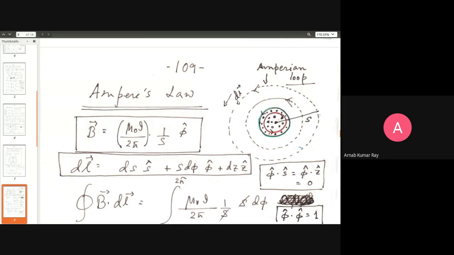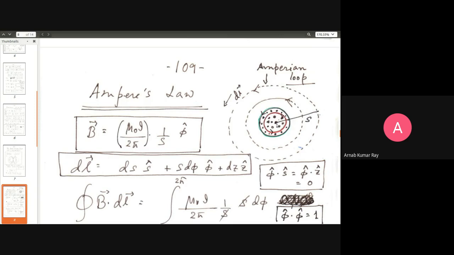A little line element on the Amperian loop is given by dl. In general, in cylindrical coordinates, dl is written as ds s-cap plus s dphi phi-cap plus dz z-cap. And what about the magnetic field itself? The current is going towards you, and this is the radius of an imaginary circle around the current.